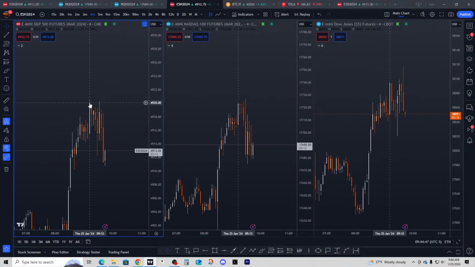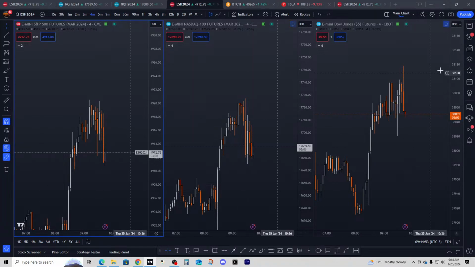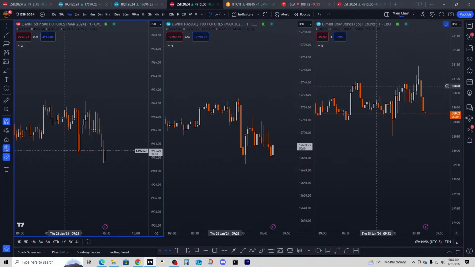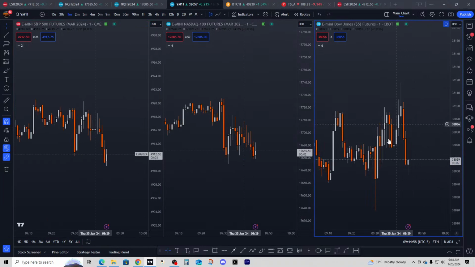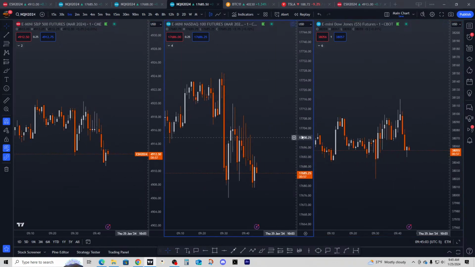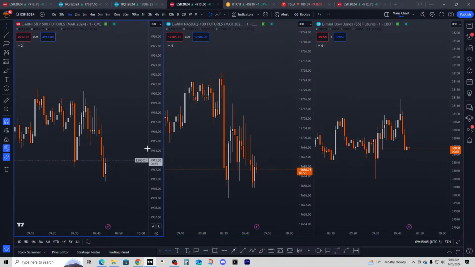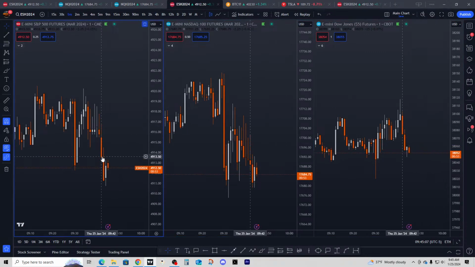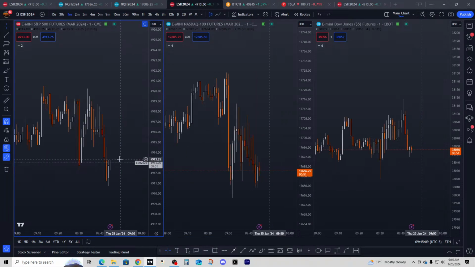So higher high, lower high, but a higher high. And then we made a lower high here, but we made a higher high here on YM. So that's basically indicating that we are still bearish. And it's looking like that might play out to be this way. You got the 1-minute volume imbalance here on ES. We'll see if that wants to resist price to send it lower or if it wants to continue higher.